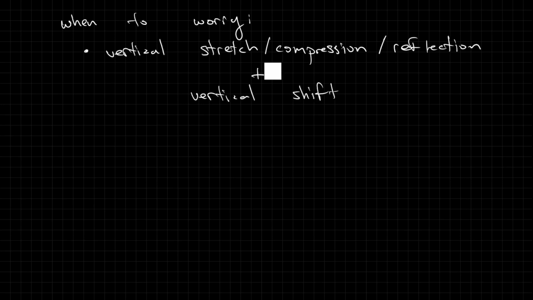Let's put "and" instead of plus here. And you need to worry when there's both. So if there's just a compression and a reflection vertically, you don't need to worry. But as soon as there's a vertical shift and one of these stretch, compression, or reflections, then you need to worry.